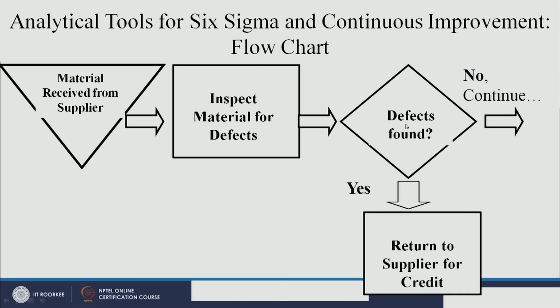If there are defective parts, you should return those defective parts. Now, this is again a very important step. Are you checking each and every part which you have received from the vendor, or are you going for sampling? If you are going for sampling, then you need to decide what the sample size should be.